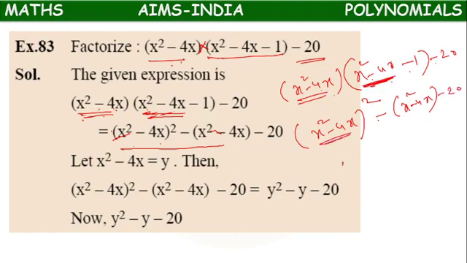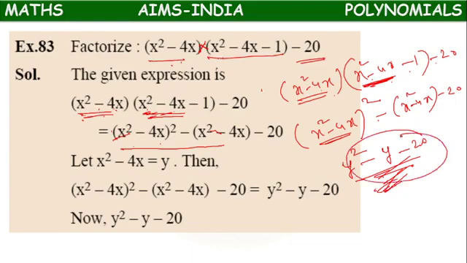Now this term they have taken as y: y square minus y minus 20. Now they have reduced it to a quadratic polynomial. Now we have to find factors of this so that 2 factors will come. Again, if we expand, for each one 2, 4 factors will come.